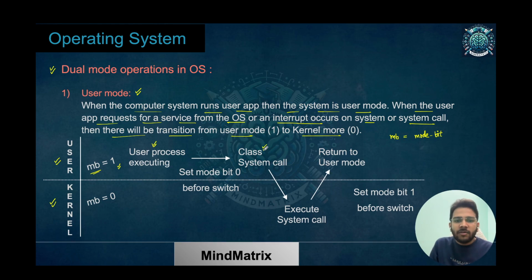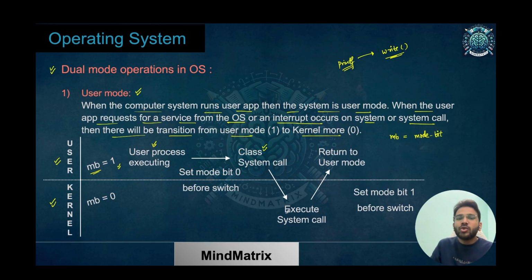Then let's say you have called a printf, you are executing a printf statement. We know that printf basically invokes a write system call, right? Now if it is a system call, that means OS intervention is necessary. So we are invoking a system call, and that means we need a service from the operating system.